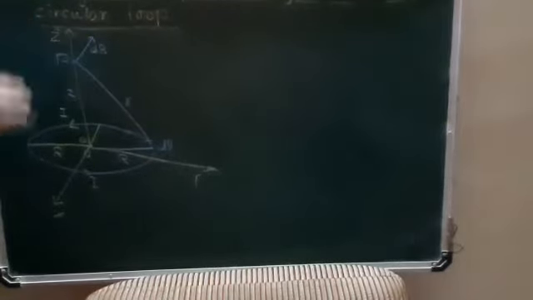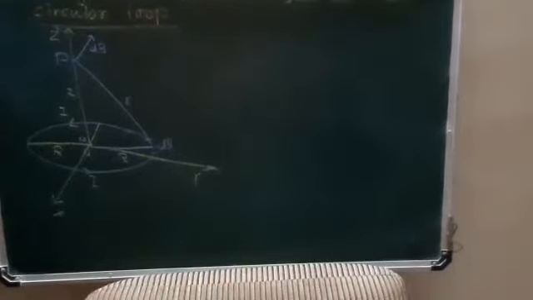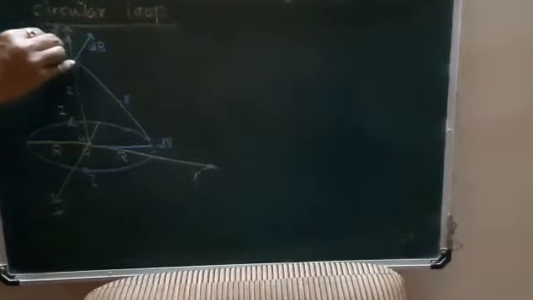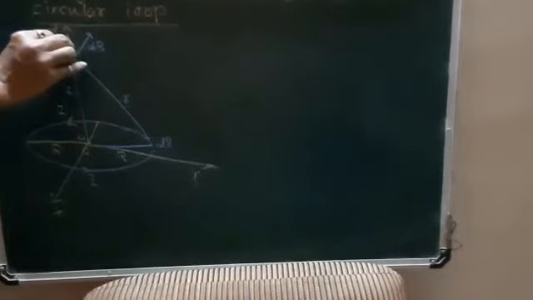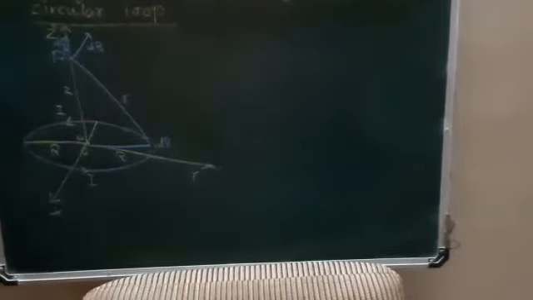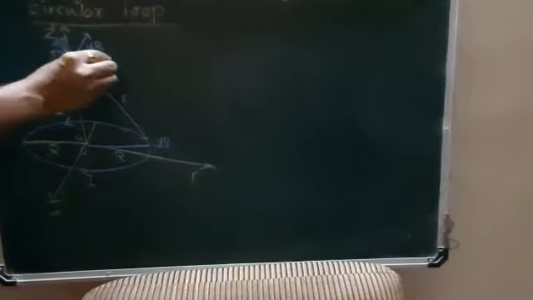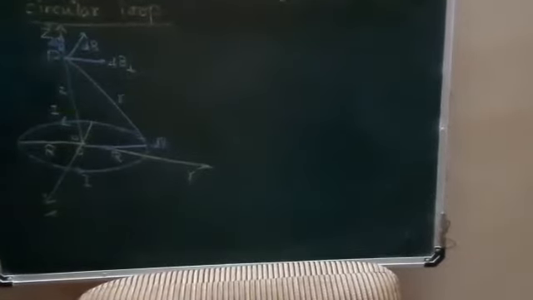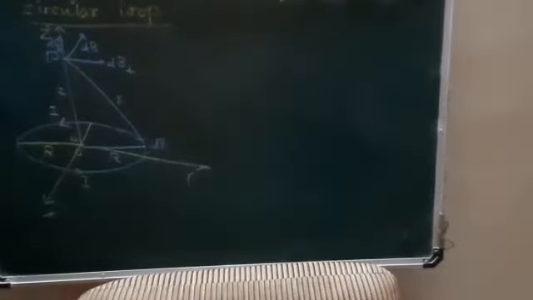This resultant magnetic field is divided into two parts: one is dBz along the z-axis, and another one is dB perpendicular to this dBz.